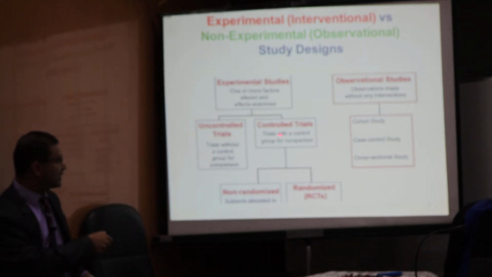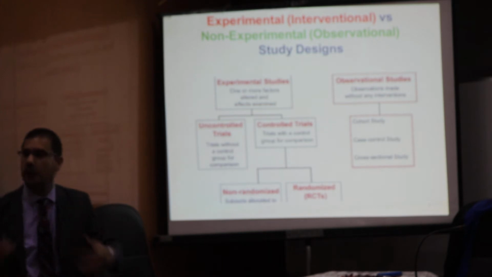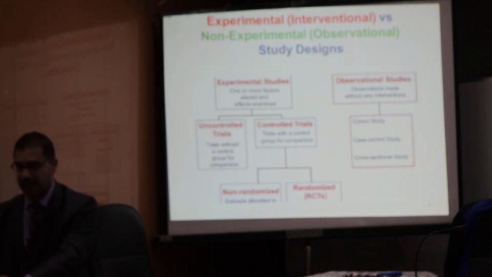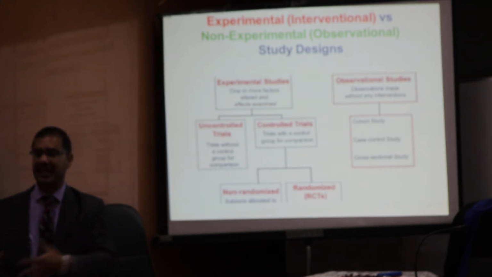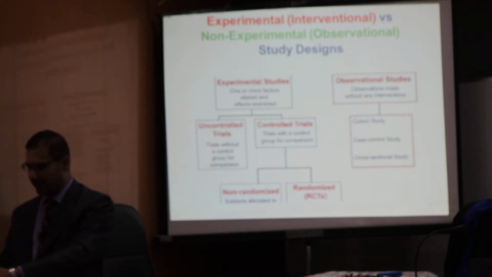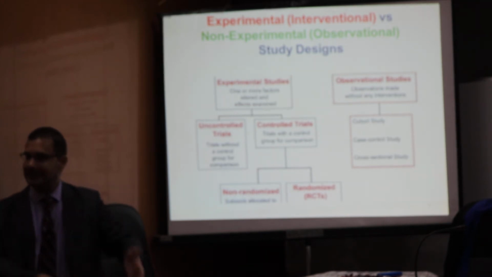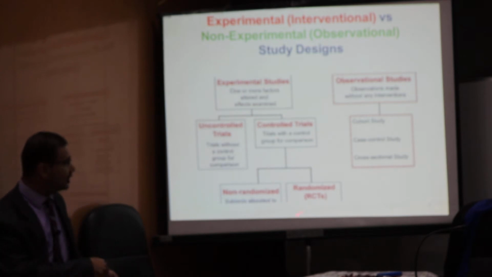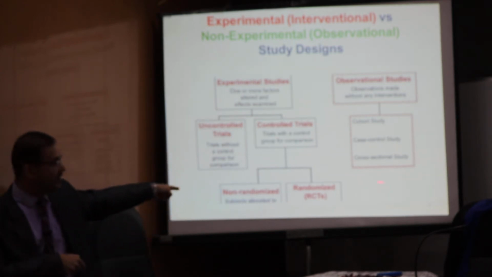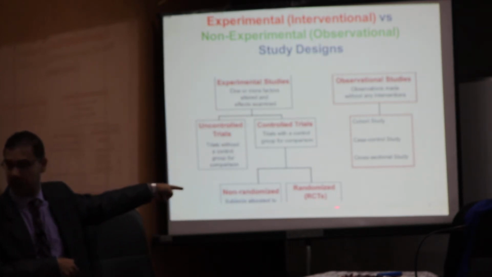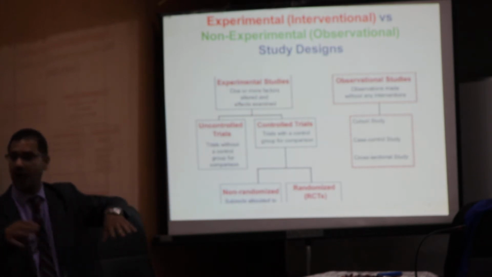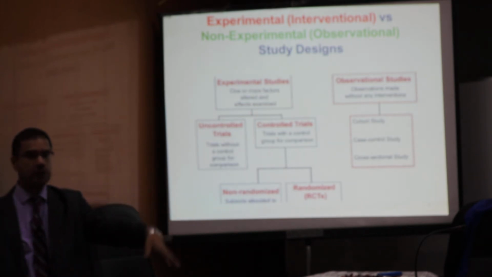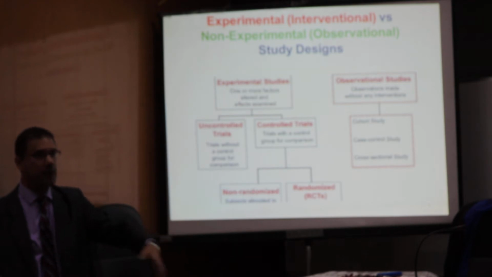Controlled trials are either non-randomized, where we choose them, and we may have selection bias. If I choose, I may put the good group in my test group. So randomized is really helpful, and it's the gold standard. Randomized control trial is the gold standard because I will avoid selection bias. The computer randomly assigns participants into two groups.